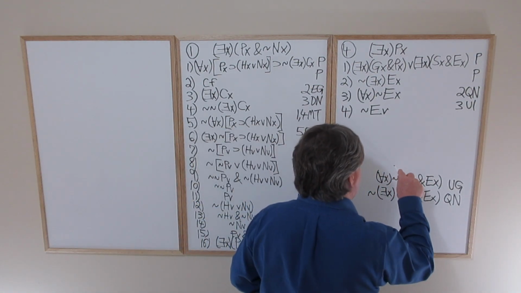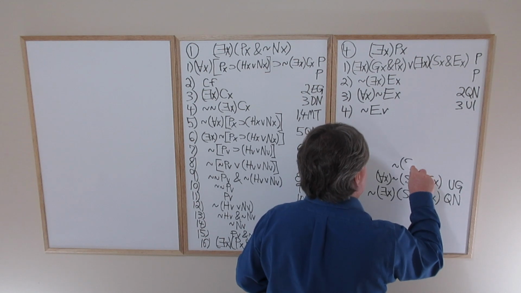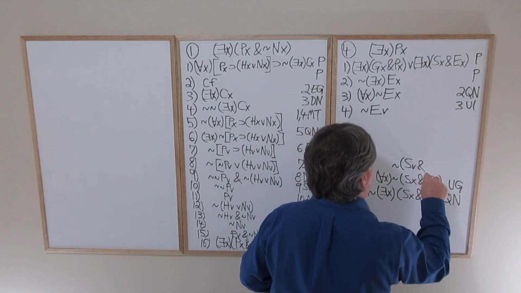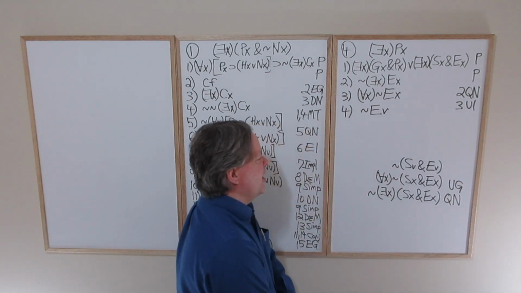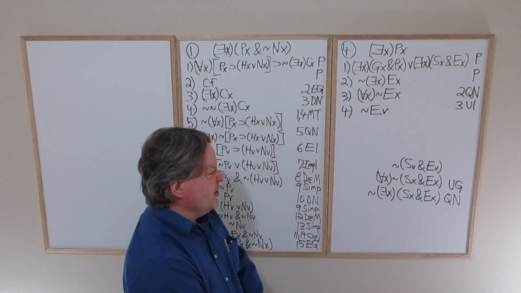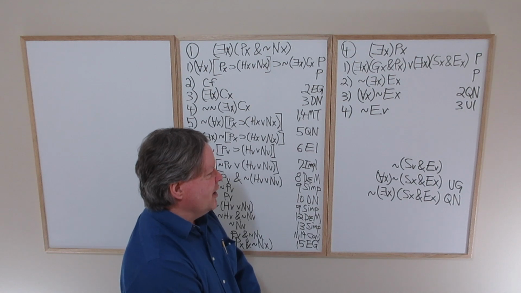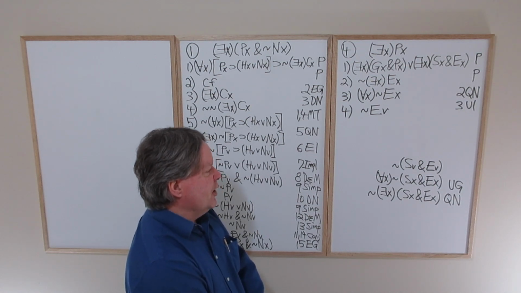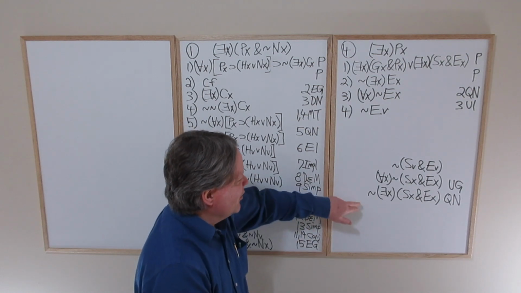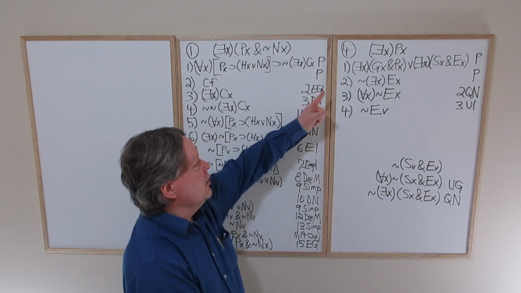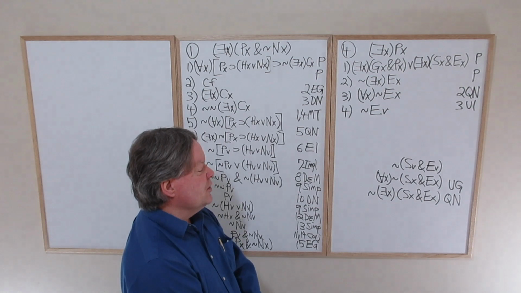Well, we'd have to have the sentence, it's not the case that unspecified V is a surgeon and an endocrinologist. If we could just get that, then we get this guy by UG, then we get this guy by QN, so we can do the disjunctive syllogism.